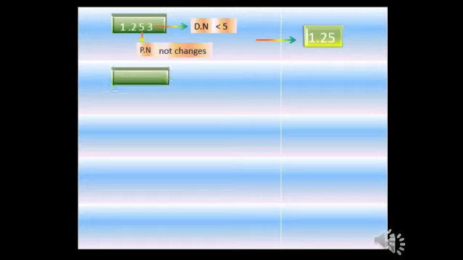Second rule. Round the number 1.256 into three significant figures. This is first significant figure. This is second significant figure. This is third significant figure.